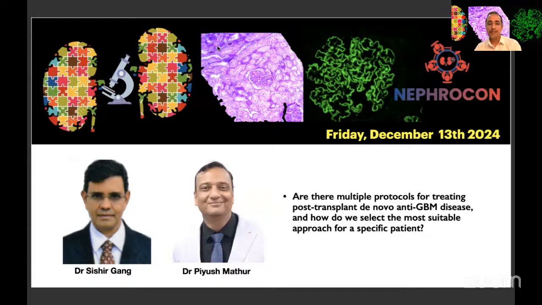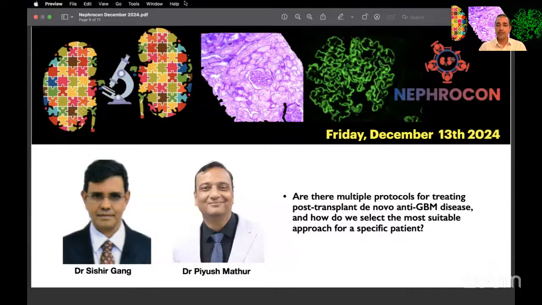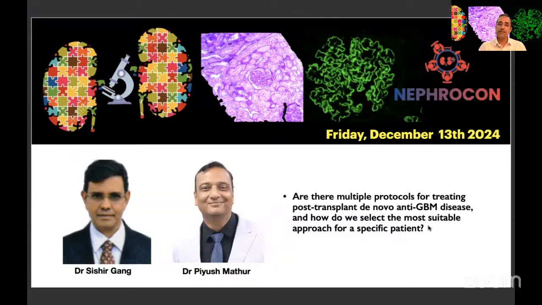So, we have seen the popular, time-tested protocols, and they are mainly studied in native kidneys. My question to both the panelists is, are there multiple protocols for treating post-transplant de novo anti-GBM disease? And how would you select them?